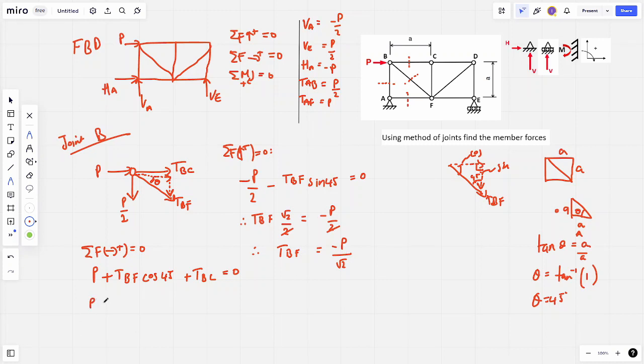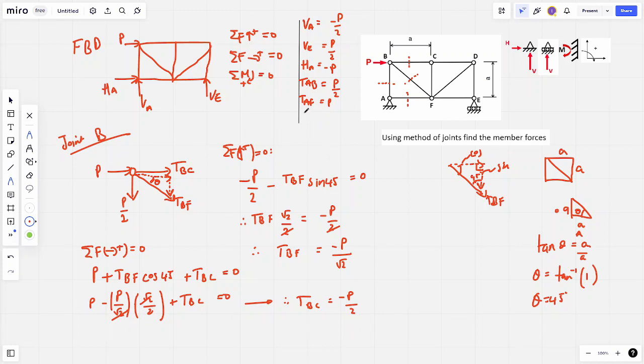So we've got negative P over root 2, as TBF is negative, multiplied by cos 45, which is root 2 over 2, plus TBC equals 0. The root 2's cancel through. That's P minus P over 2 plus TBC. So you've got P minus P over 2, which is positive P over 2. Take it to the other side, and TBC is negative P over 2.